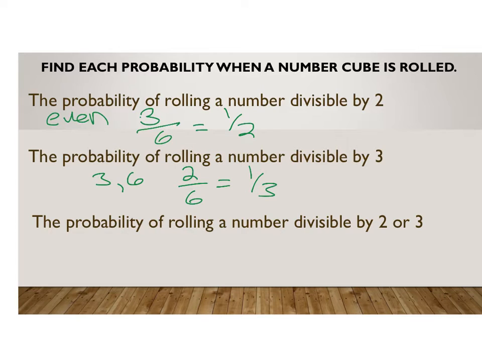Probability of rolling a number divisible by 2 or 3. Now, this is a critical point here, this "or." Or means you're adding things, and means you multiply. So this is going to be the probability of getting a number divisible by 2, plus the probability of a number that's divisible by 3.